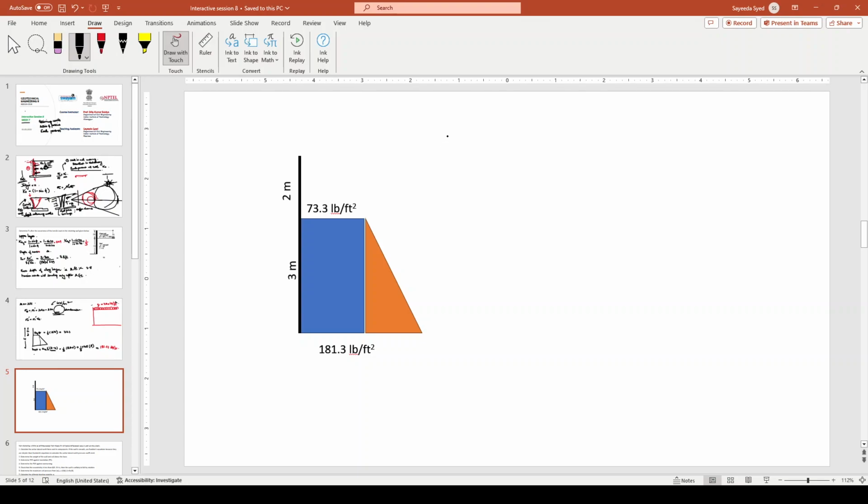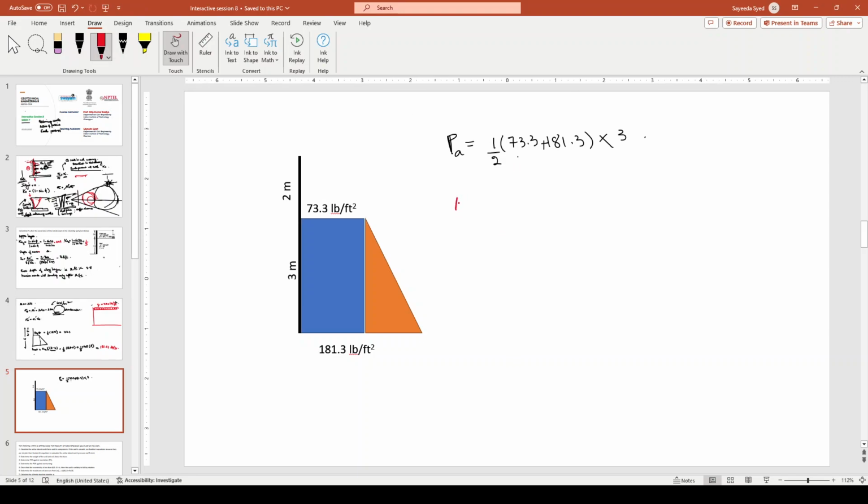This will be, the force will be equal to, this will be equal to 381.9.